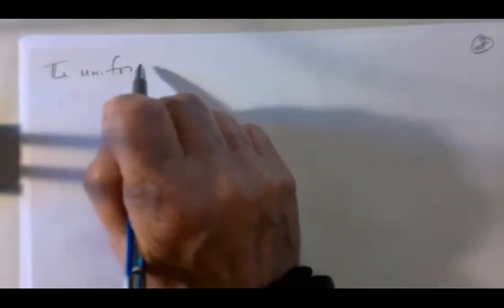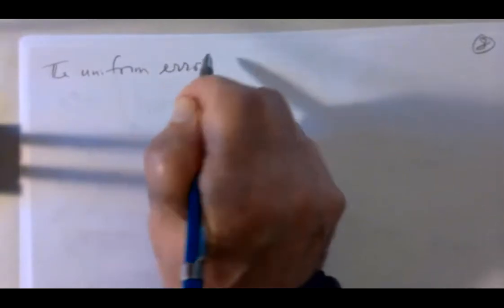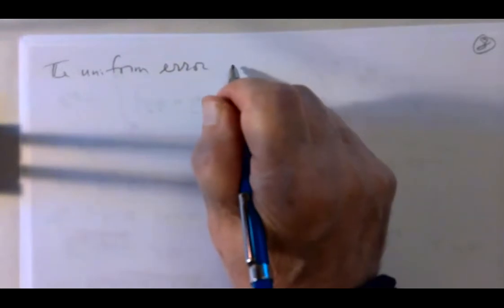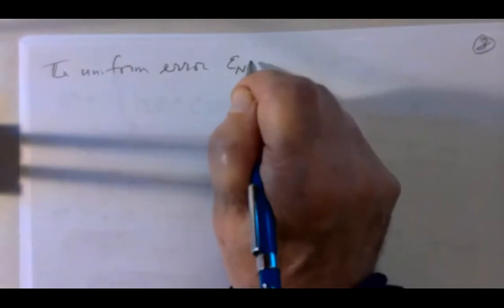And we have a third notion of convergence, which is uniform error, uniform convergence. What is called the uniform error, which we write as little epsilon sub n, is the following.